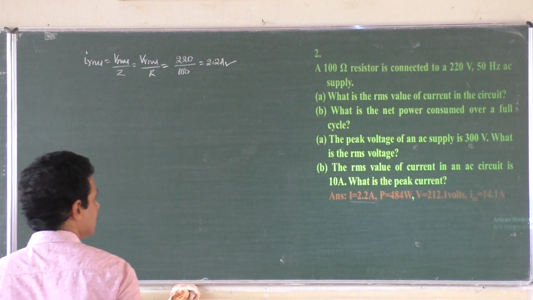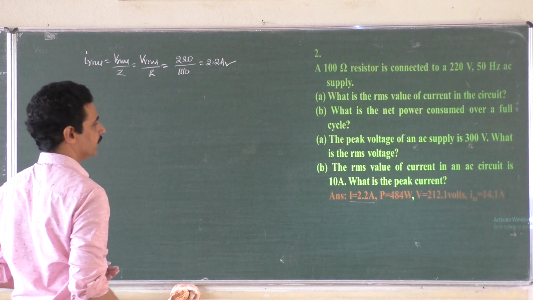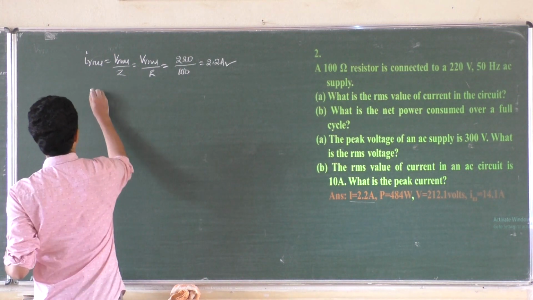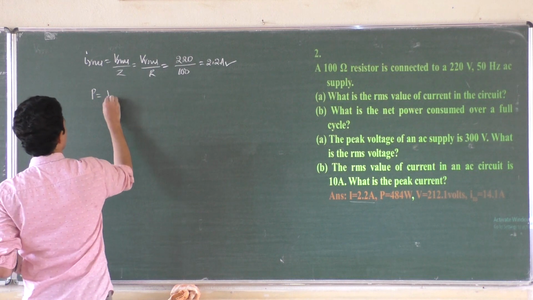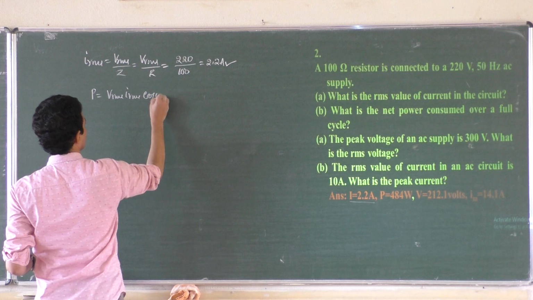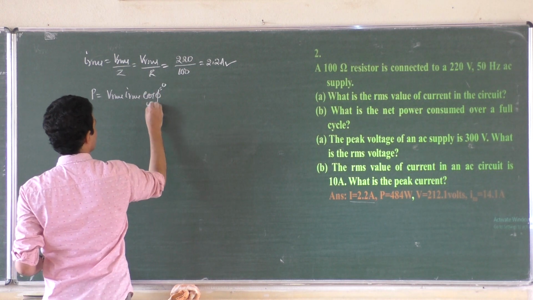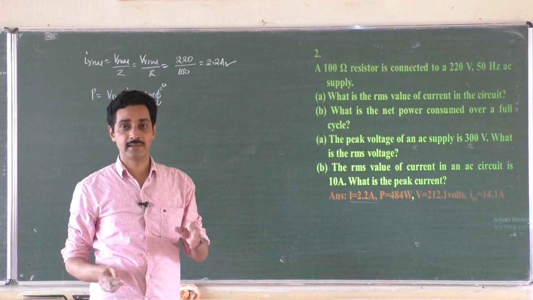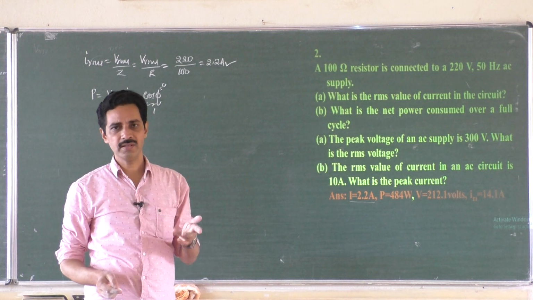Then, what is the net power consumed over a full cycle? Since it is resistive, there is power consumed. Average power per cycle is VRMS, IRMS into cos phi. You know that phi is 0, cos phi is 1, because in a purely resistive circuit, power factor cos phi is 1. Phase difference is 0.